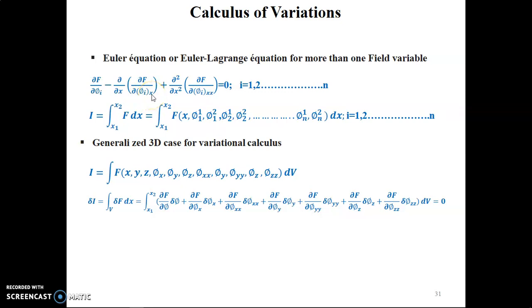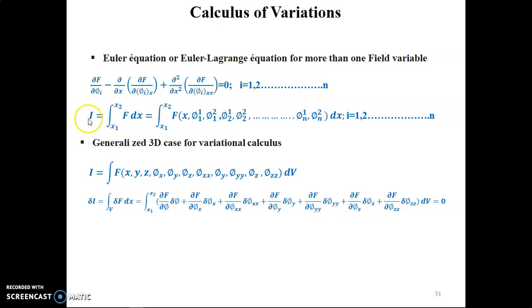Outside the bracket, this x will represent the first derivative of that particular field variable. If we represent double x, this means that particular field variable will be undergoing a double derivative. So keeping i equal to 1 to n, we will be getting n Euler-Lagrange equations for n number of field variables.